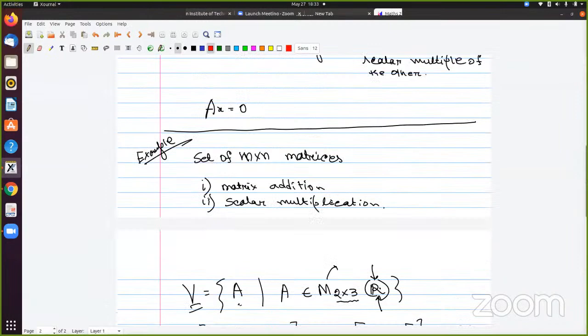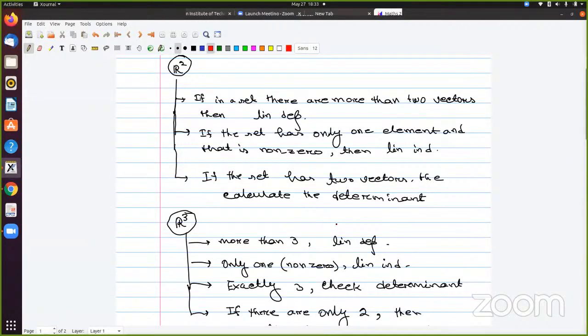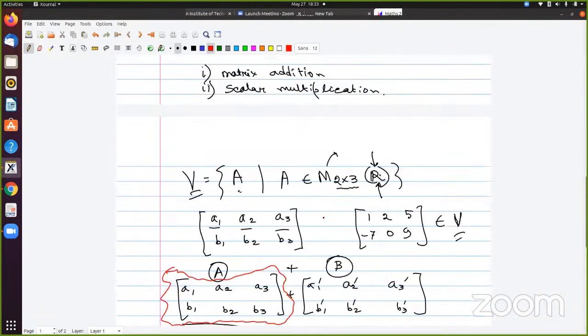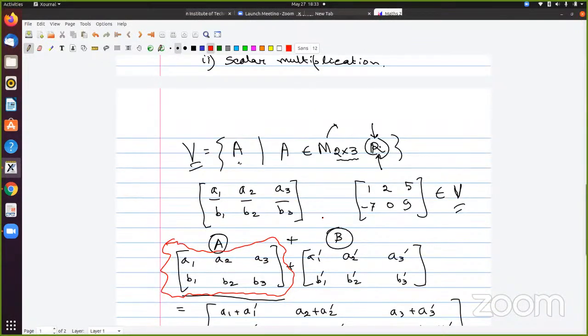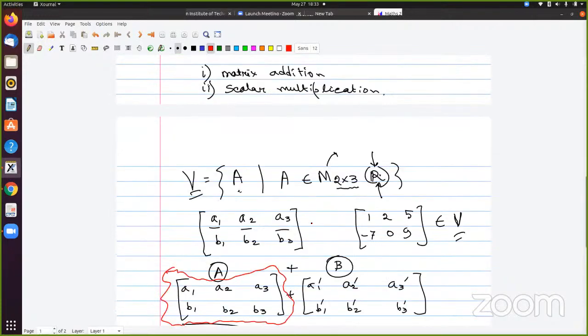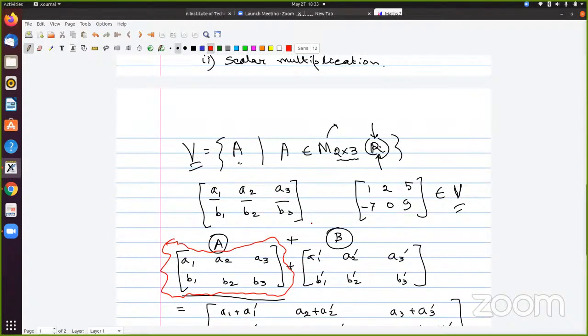Earlier I was explaining the previous topic, which I covered yesterday, so you can check it later. Today I have started another class of examples for vector spaces, which is the set of m cross n matrices. In this set, every element is a matrix.